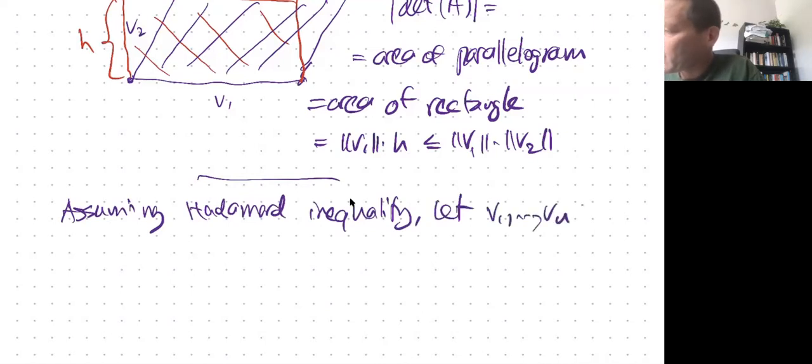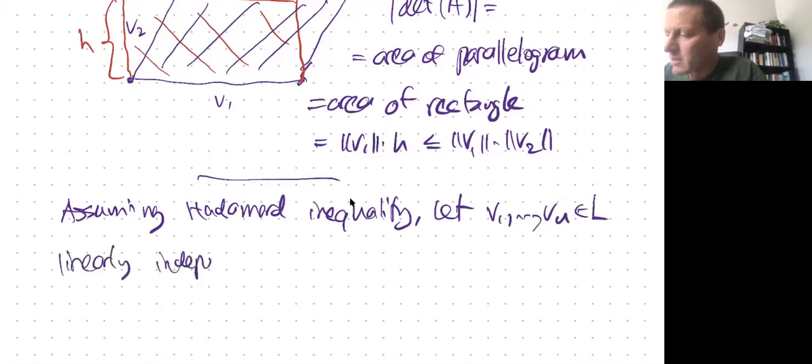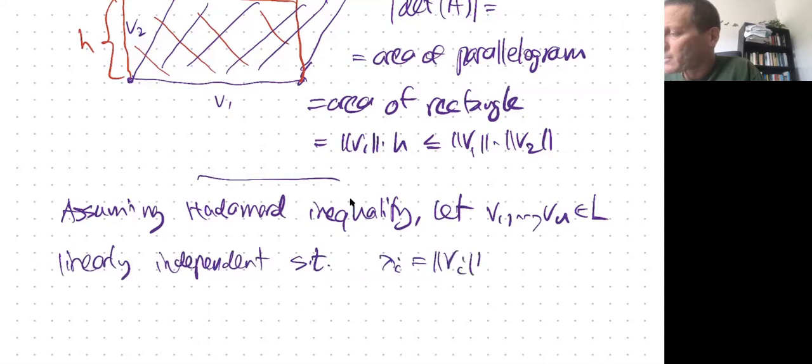We take vectors in L, linearly independent, whose lengths are these successive minima. So we discussed last week that you can find these vectors, they're in the lattice, they're linearly independent.